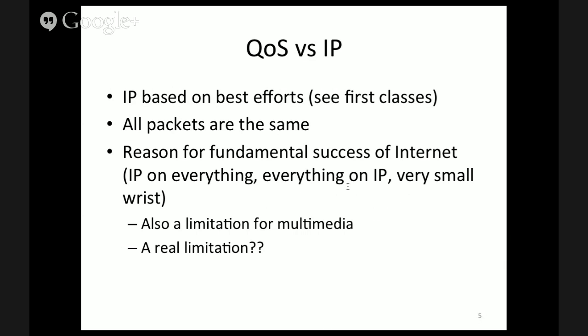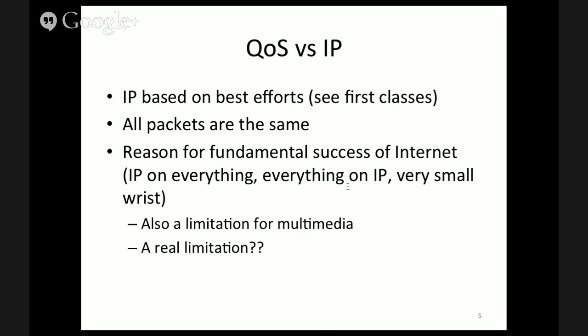Even if we have the feeling as users that everything is going right, it's because we are just over-provisioning the network. We are providing bandwidth in excess, so that despite the limitations of IP, we are still able to run multimedia applications smoothly. However, this might change in the future.